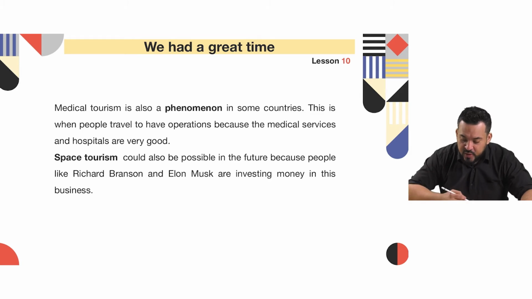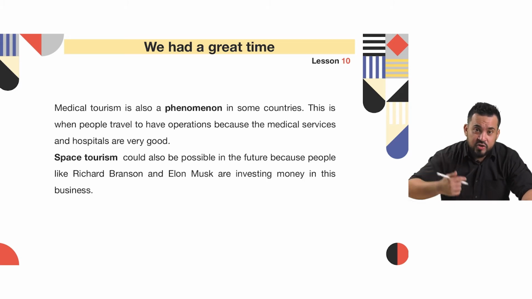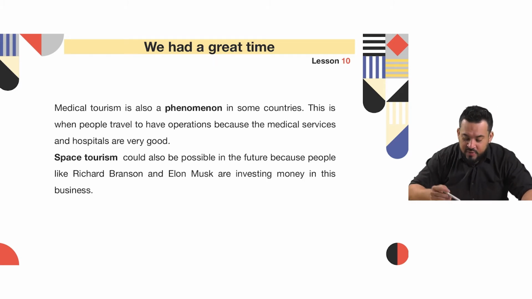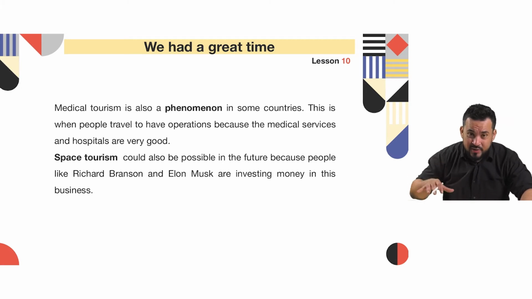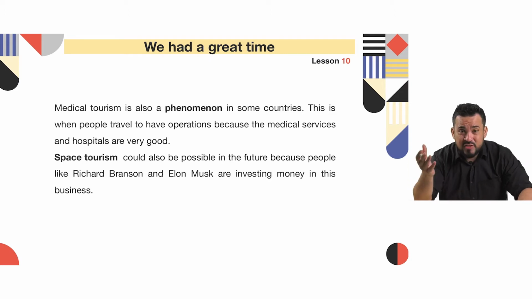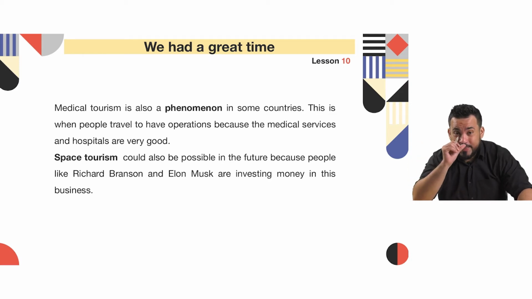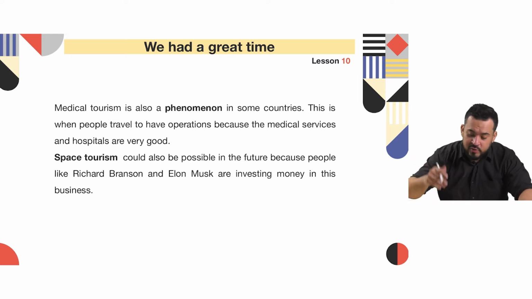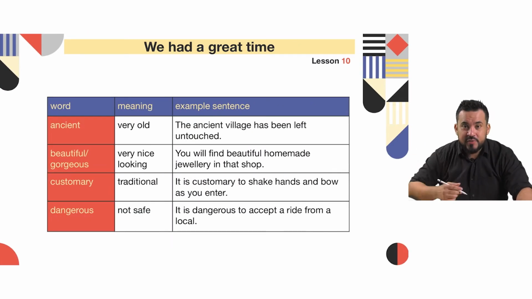Medical tourism in some countries. This is when people travel to have operations because the medical service in that country is very good. You have space tourism. This is not possible yet, but in the future, they said it will be very possible for people to go into space. Actually, people have started to already buy tickets for going to space, to Mars and I don't know where else. But yeah, that is a thing now.